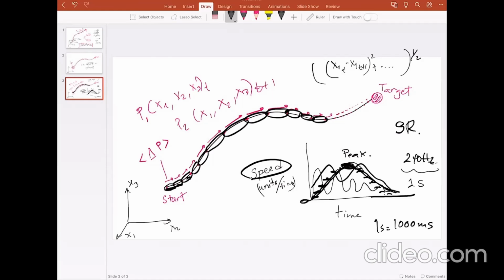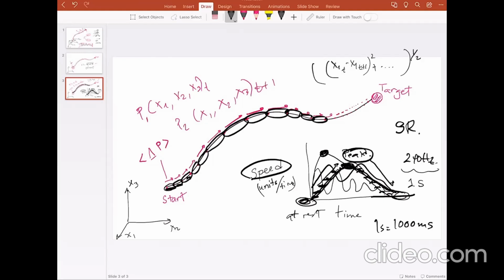You could speed up and get your peak earlier and then decelerate and slow. But the point is that you start out at zero speed and you end up at zero speed. In both cases, you're at rest. You accelerate and you decelerate. And this peak is very informative, so we use it in our data, right?